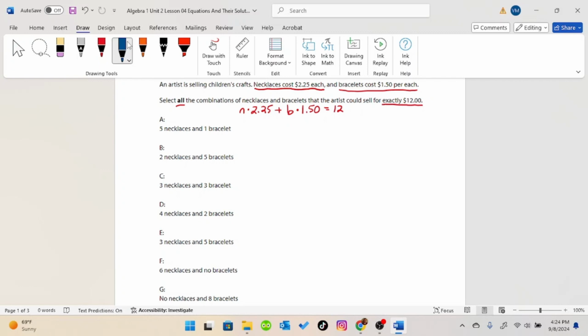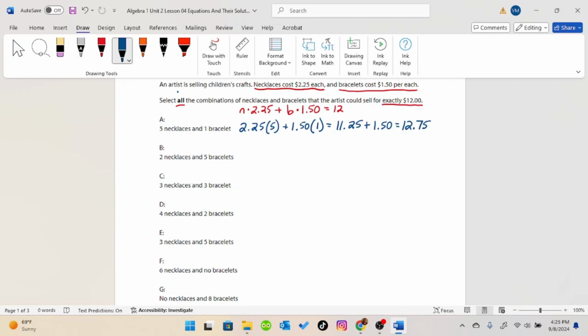So now we'll look. First we have 5 necklaces, so 2.25 times 5, and 1 bracelet, so that's 1.50 times 1. $2.25 times 5 is $11.25, and $1.50 times 1 is $1.50. $11.25 plus $1.50 is $12.75.